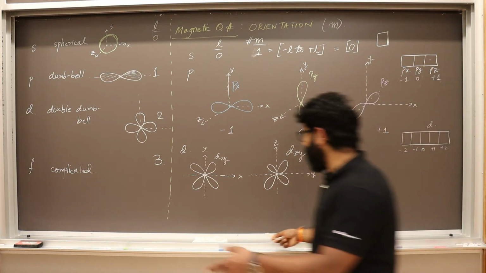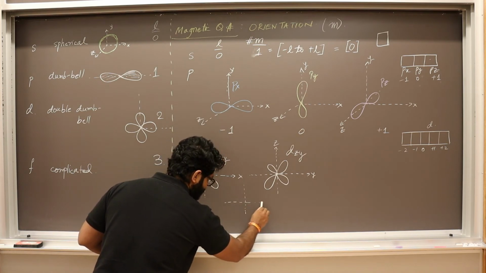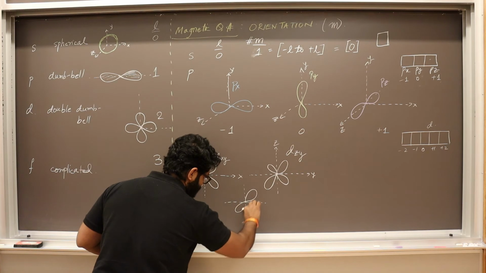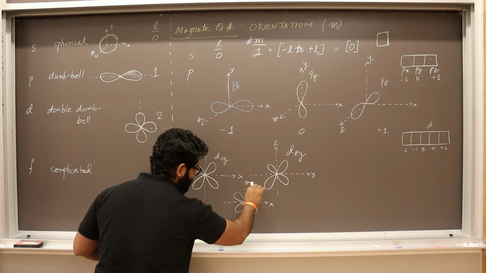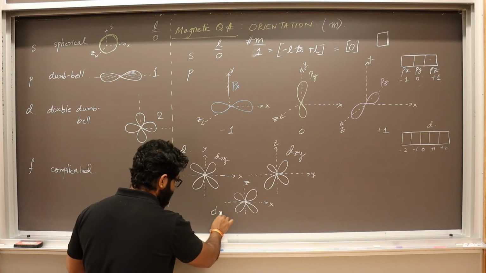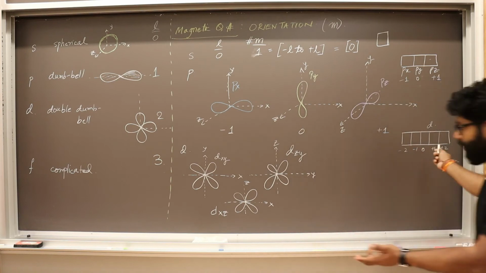So there will be a third one for xz, right? So this is dxz. Okay, we have 3. Now we know that there are 2 more.